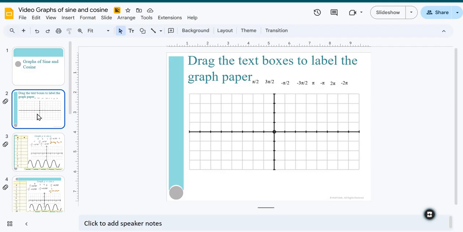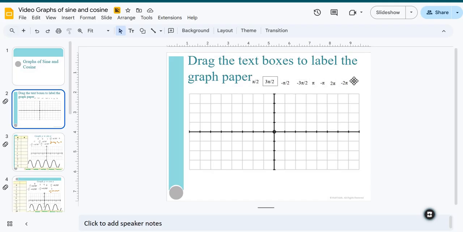That means our points would be floating weirdly in the middle between our tick marks, which makes it hard to graph accurately. But just like with any coordinate plane, we can change the unit to be whatever we want, and since we're graphing in radians, we are going to change them to radians.